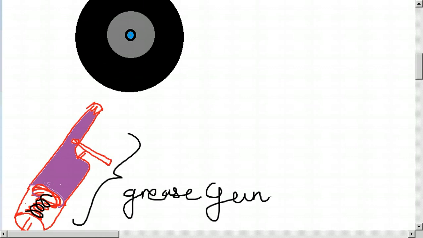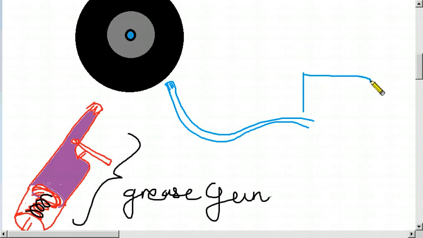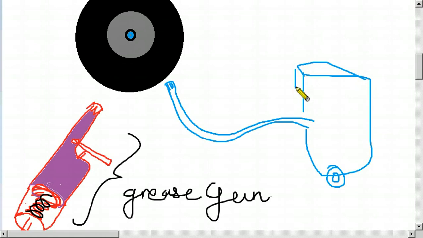There is another type of grease gun which is operated by electricity. There is a big hose and a tank like this, and there are wheels. You can move it closer to the vehicle using these wheels. There is a supply wire, electric current we have to supply to work this. The tank is filled with grease.